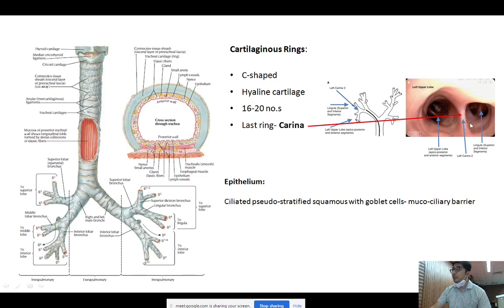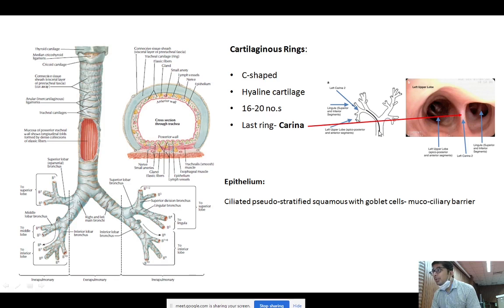In a bronchoscope, a scope is inserted with a camera. In the camera, you can see the right and left bronchus. This is an area corresponding to the carina. So this is the carina. You can see both the bronchi, and this becomes important while you are entering a scope inside.